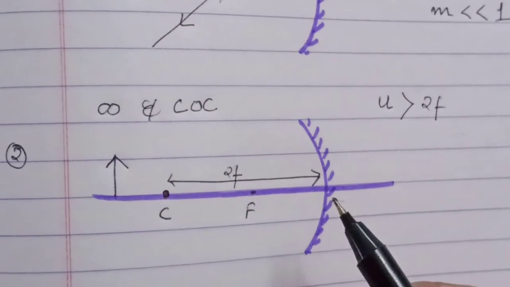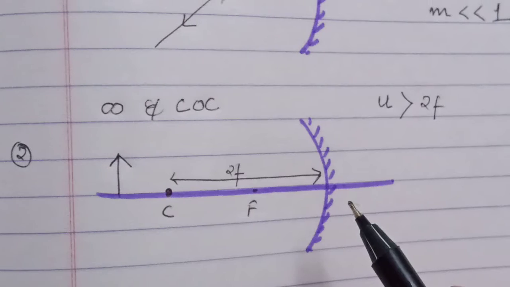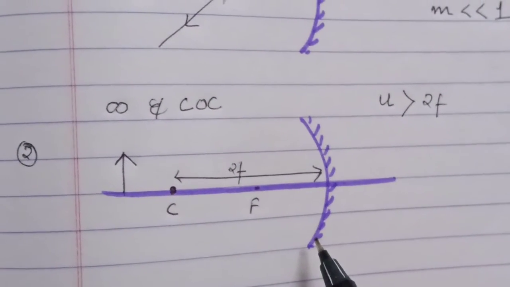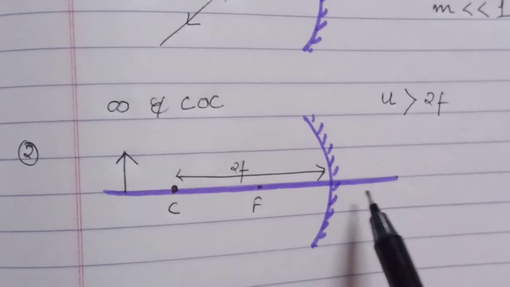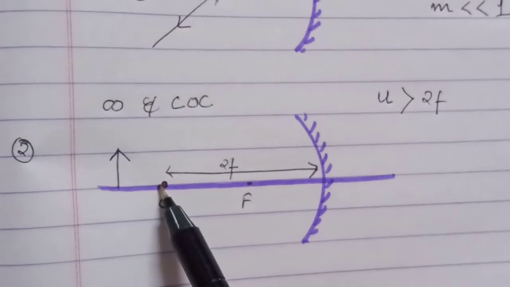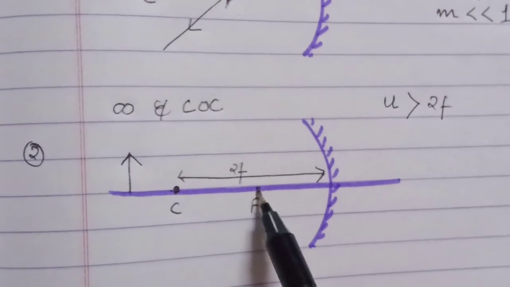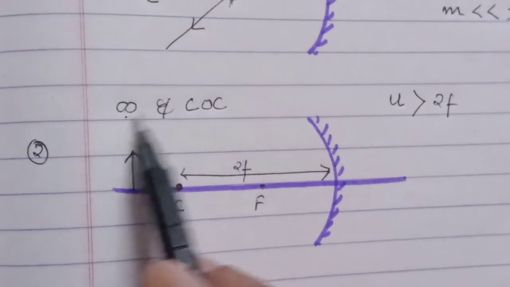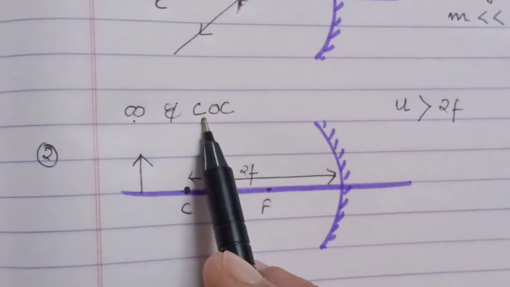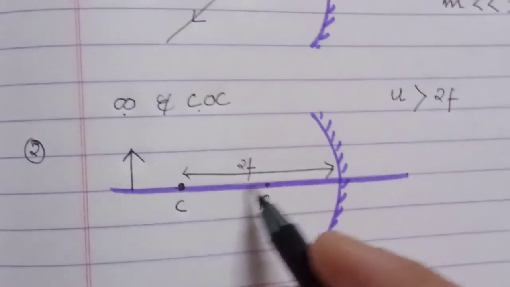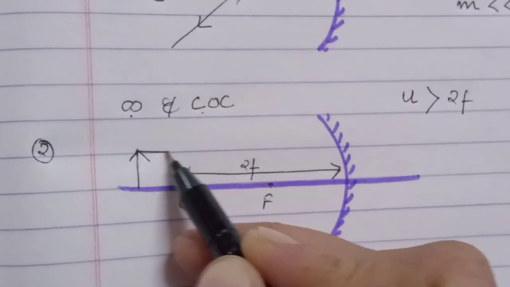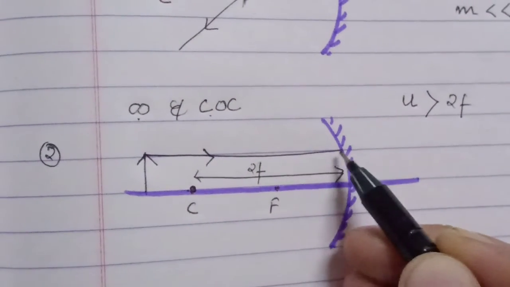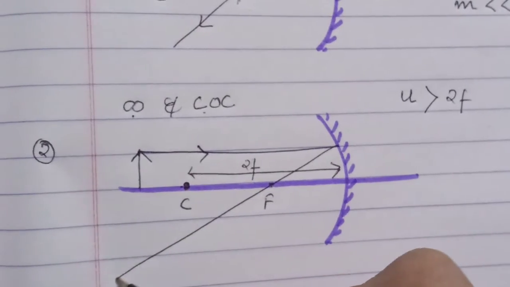now I am going to tell you how to draw the ray diagram and find the formed image. If there is a concave mirror and this is the principal axis, this is the center of curvature, and this is the focus, the condition is the object is between infinity and the center of curvature. Okay, so one ray goes parallel to the principal axis and comes through the focus.